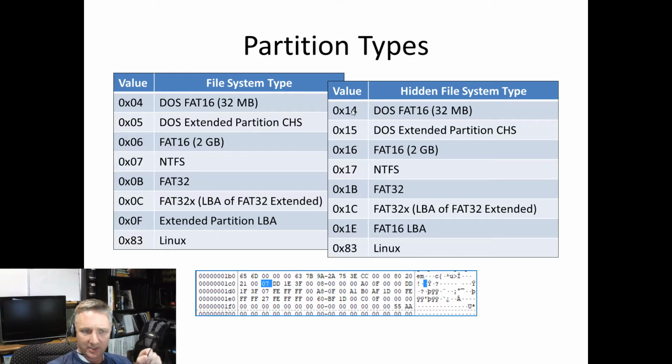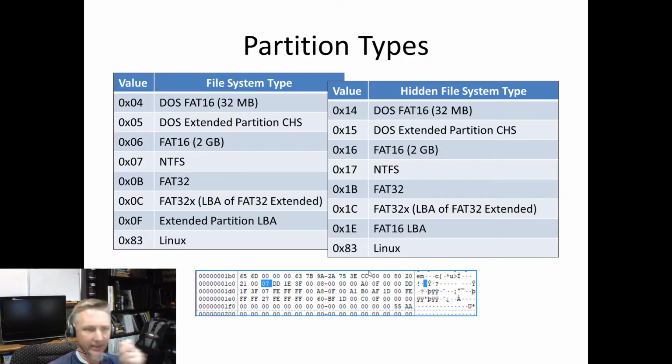And we know that because when the left-hand column of the byte is a 1, that's indicative of it being a hidden partition. Okay, so those are the codes for hidden partitions. A hidden Linux partition, that's not true. That is incorrect information on this slide. Disregard this hex 83. That's just a standard Linux partition. That's a typo on my part. I don't know what the schema is for a hidden Linux partition.